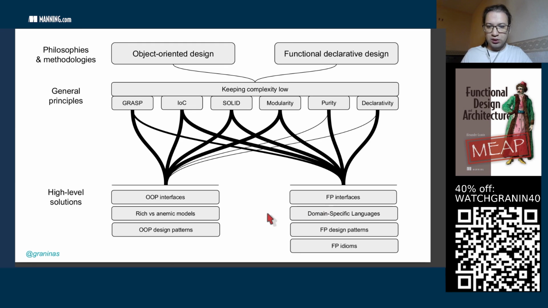Domain-specific languages are usable in both paradigms, yet in FP we do domain-specific languages all the time, even if we don't know about that, because we want to focus on some domain when building our pure and impure worlds. FP design patterns and FP idioms. I'll tell you the difference between patterns and idioms a little bit later.